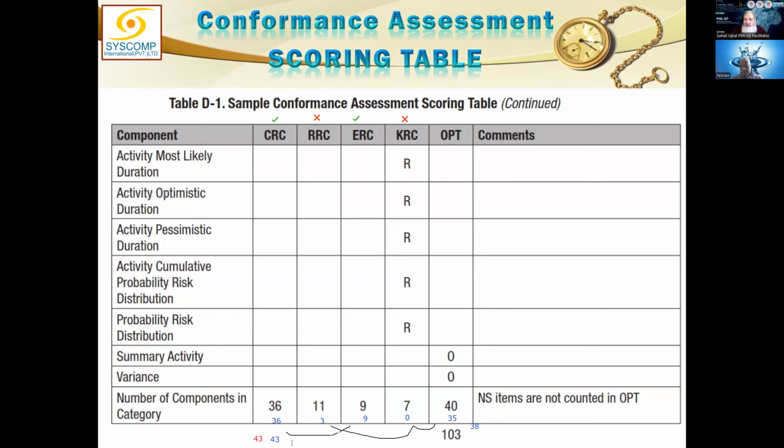So your schedule is pass. What extra marks you got? They were 38. So 43 plus 38 is your total score, 81, isn't it? 81 out of 103.